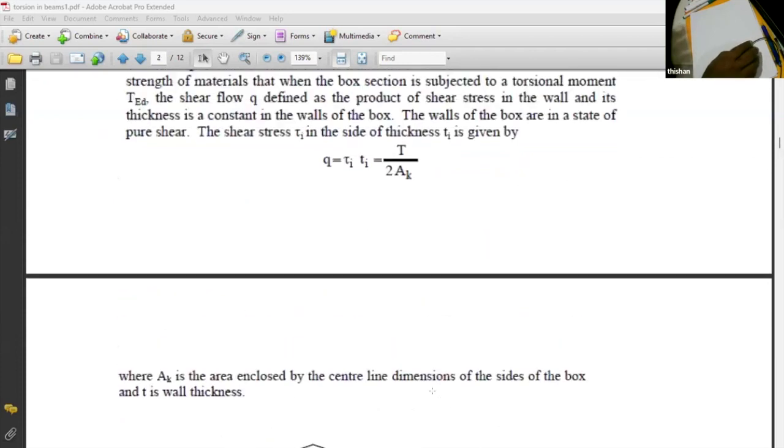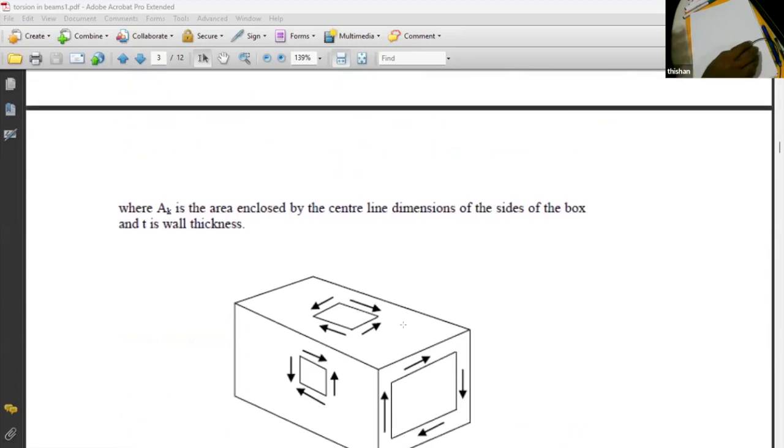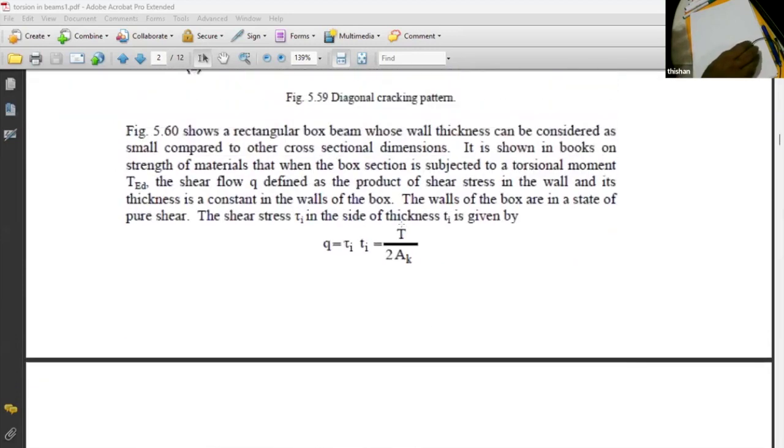We have an equation where Ak is the area surrounded by the center line. So first we look at how to prove this equation, because it is used a lot when you are finding the reinforcement. That is q is equal to T divided by 2Ak.